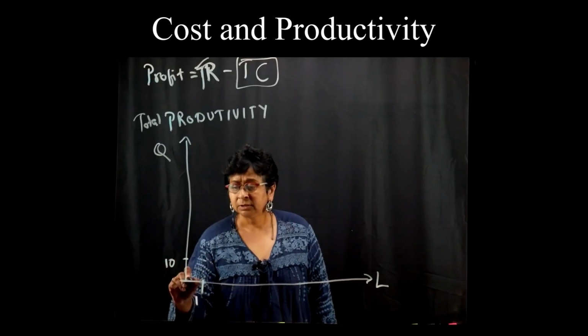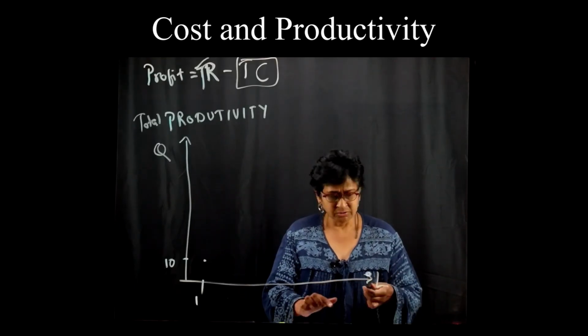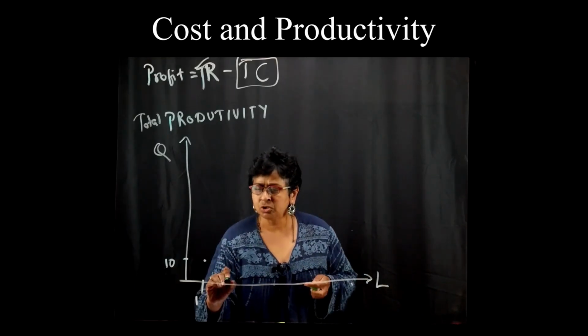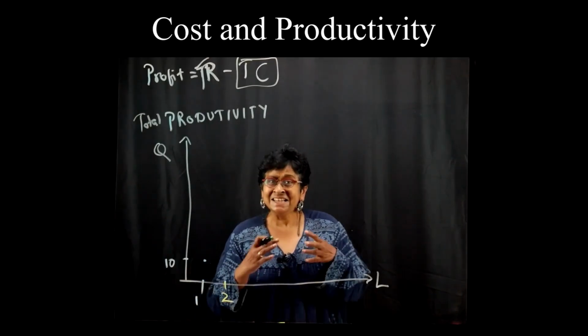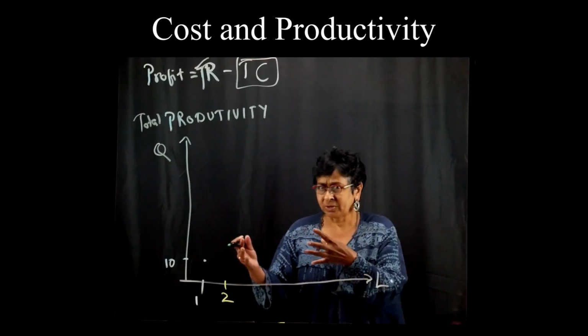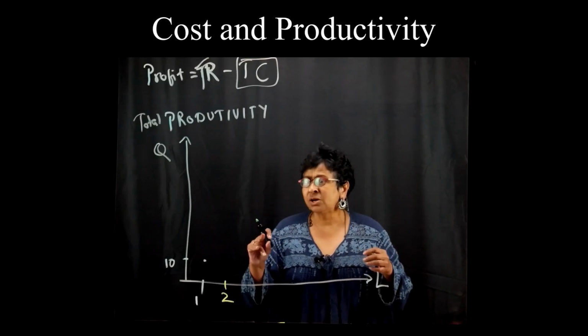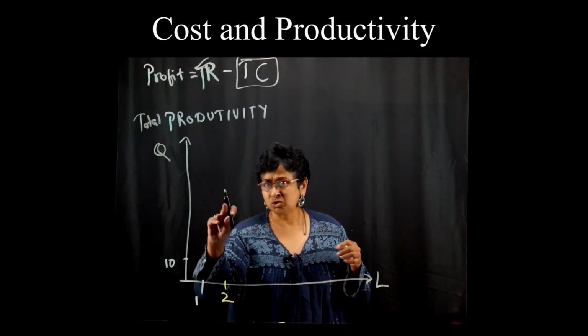So over here, no workers, no production, 1 worker, 10 sandwiches. Now, let's say that I'm going to increase this. I've got 2 workers here, that's 2. What happens is initially, when I start expanding production, because that's what I'm doing, the second worker won't just give me 10 more sandwiches. So it's not just going to go from 10 to 20.